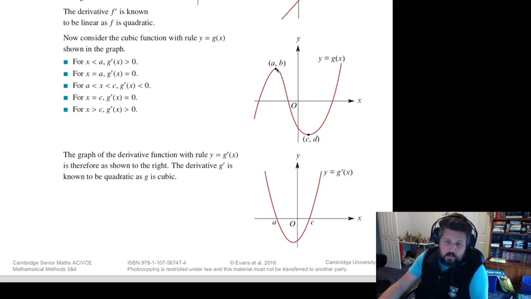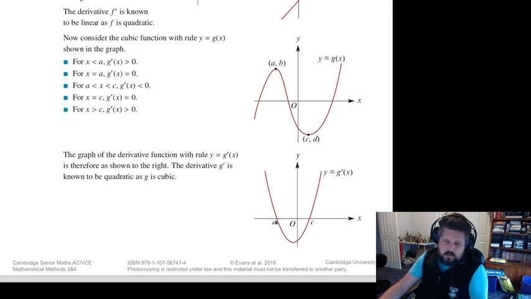To the right of point A, between the interval A and C, the gradient is going down. It's a negative gradient. So the slope's negative. On the derivative function, I would expect this section to all be below 0 on the x-axis.